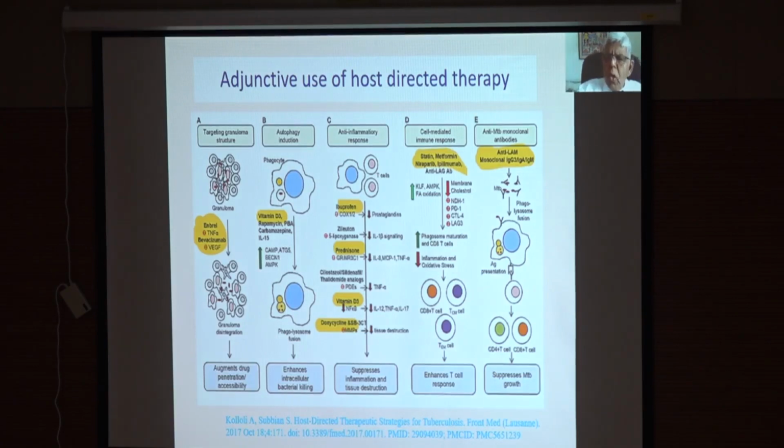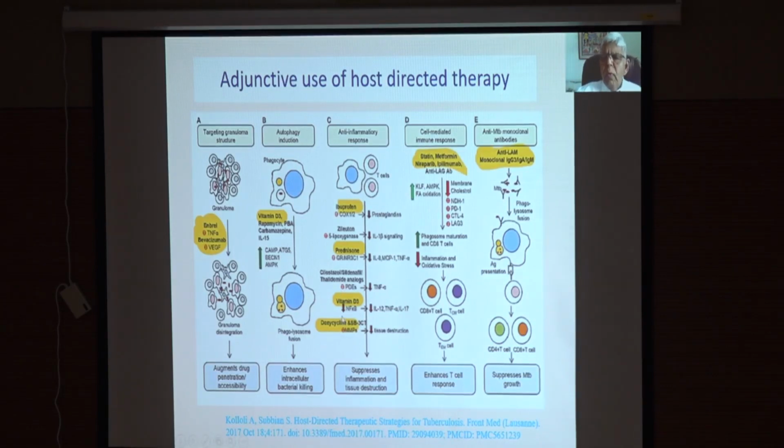If you can restore the endothelial barrier, you will have the drug perfusion into the granuloma more homogeneously, and will be able to target the MTB bug wherever it is located. We can also promote autophagy, another mechanism by which the bug is destroyed by the phagocytes, by using vitamin D3.